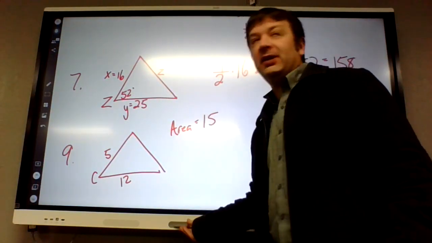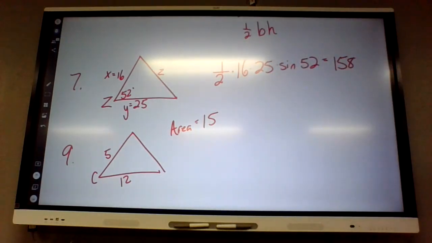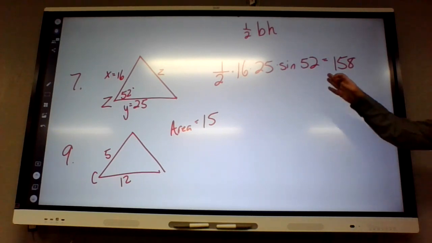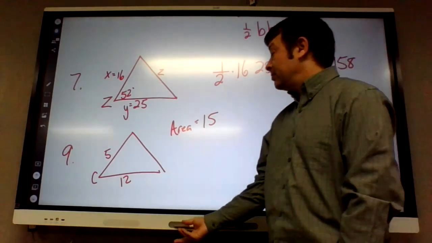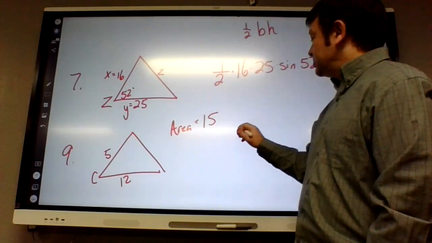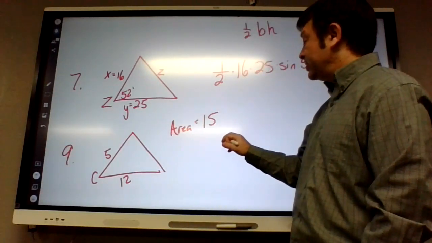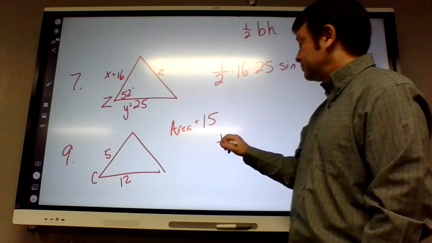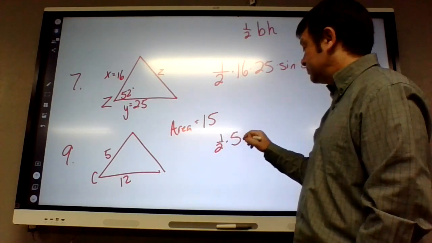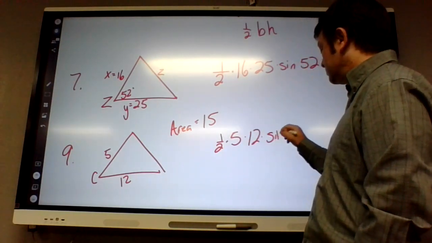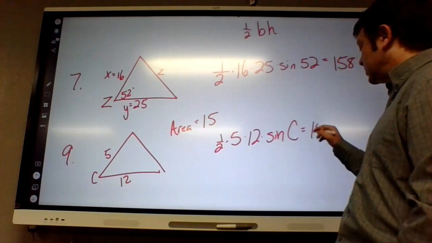So how can we find angle C? Set up an equation just like this, but there's going to be a variable. What would the equation be? 1/2 times 5 times 12 times sine x equals 15.